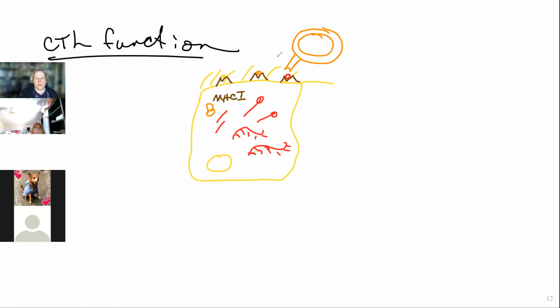So what it does is it scans the MHC1 on any cell that it encounters. And if it runs across ribosome proteins, it says, nope, not my epitope. If it runs into phospholipids, it says, nope, not my epitope. But if it comes here and it says, yes, this is my epitope, it says, I'm sorry, you're infected.